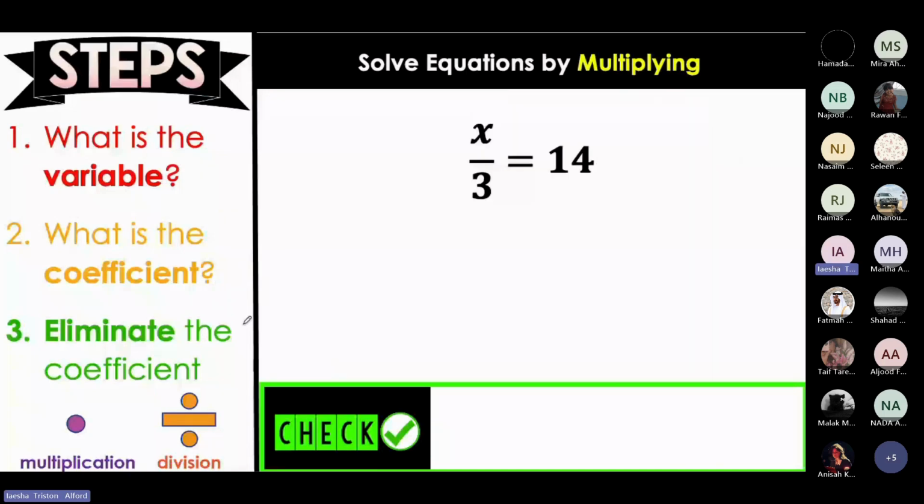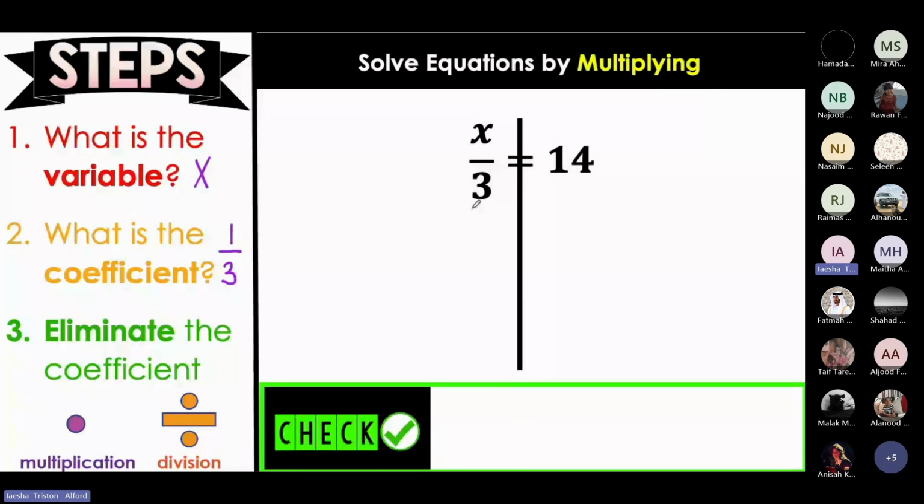Okay, this one. Before you read, what's the variable? X. What's the coefficient? Positive 1 over 3.